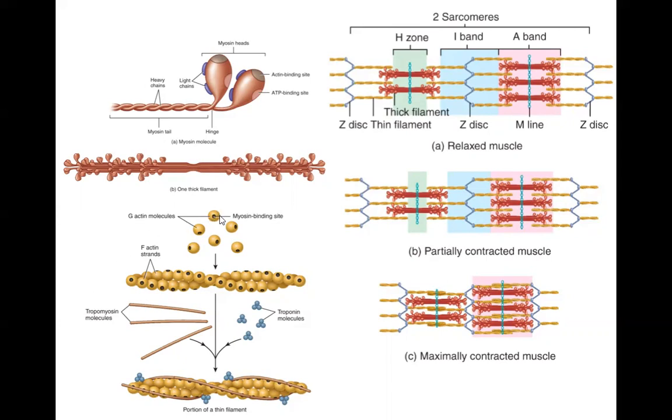What we call G-actin is where they are individually like beads on a beaded necklace. Each individual bead is a G-actin, and each of them has a black dot representing its myosin binding site.